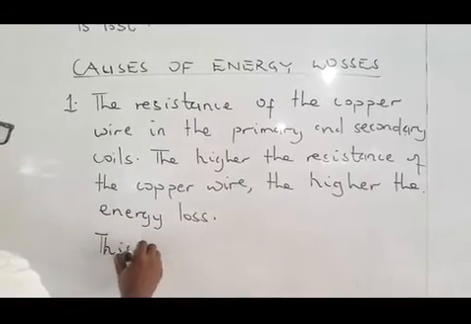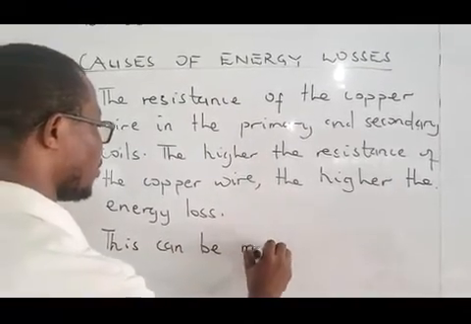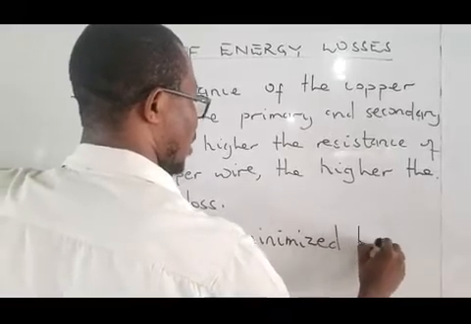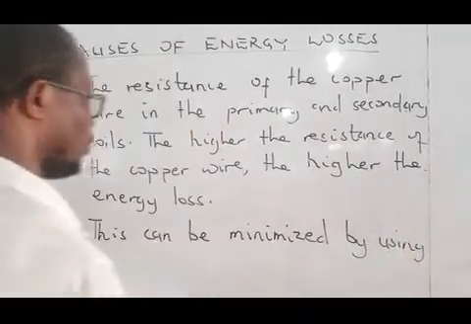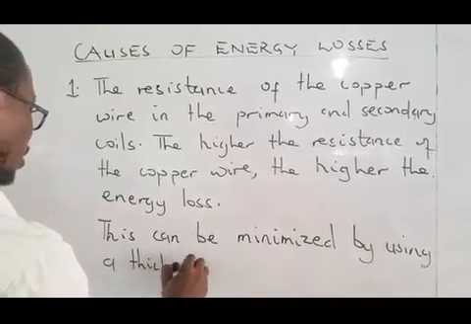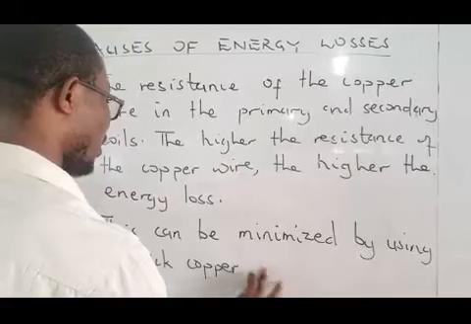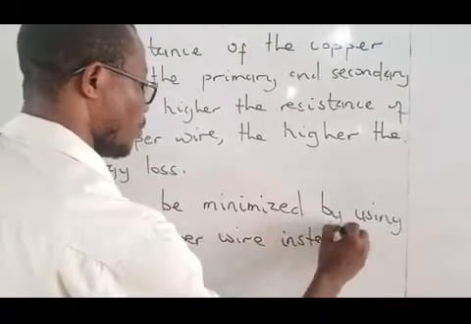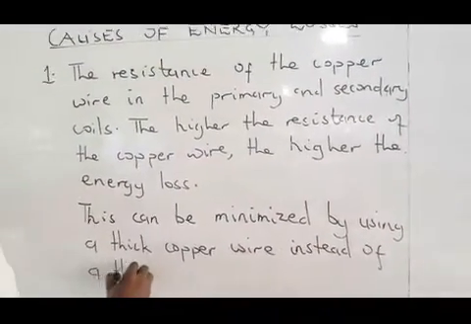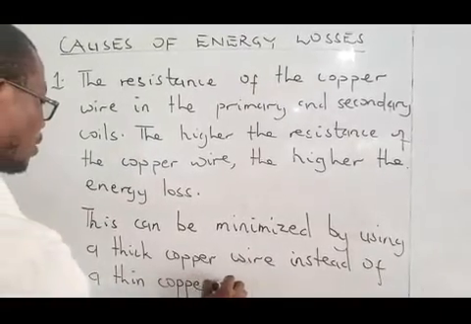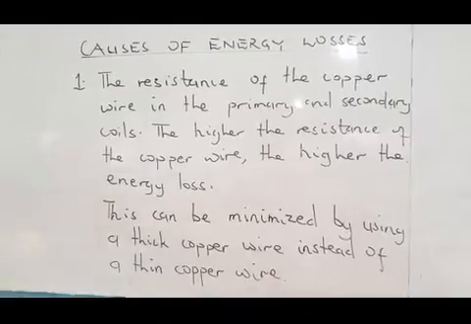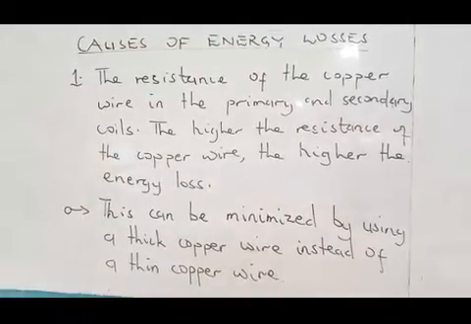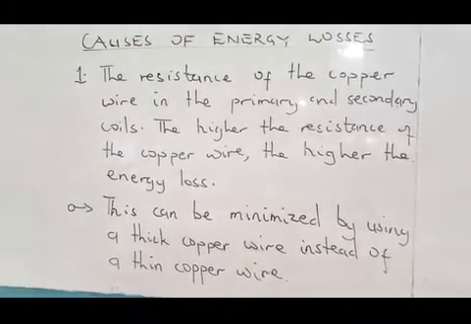So that is how you minimize the energy that is lost in the copper wire used in the primary and secondary coils.